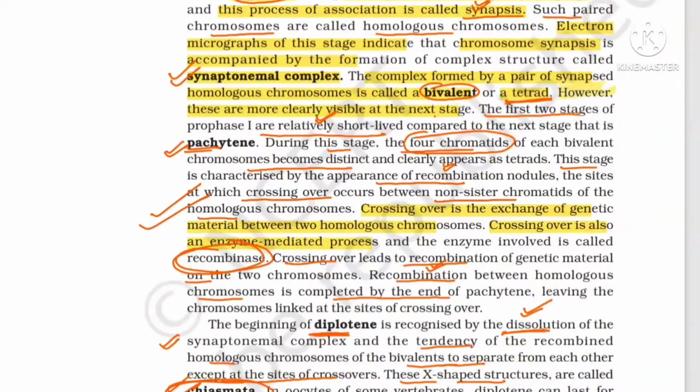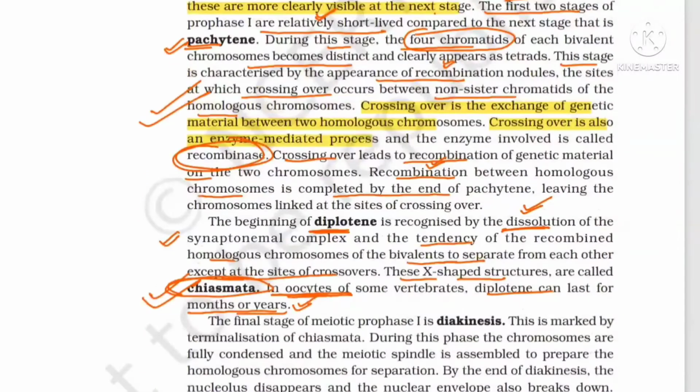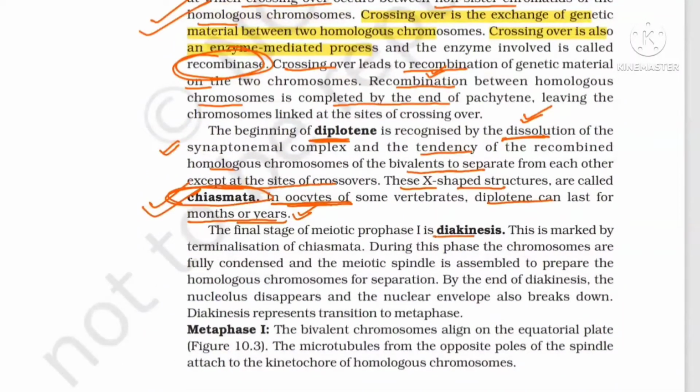In oocytes of some vertebrates, human being the best example we can remember, diplotene can last for months or for years. For human, it lasts for years. Clear, beta? Diakinesis, terminalization of chiasmata. Obviously, this is the end of prophase 1. So prophase 1 ends.